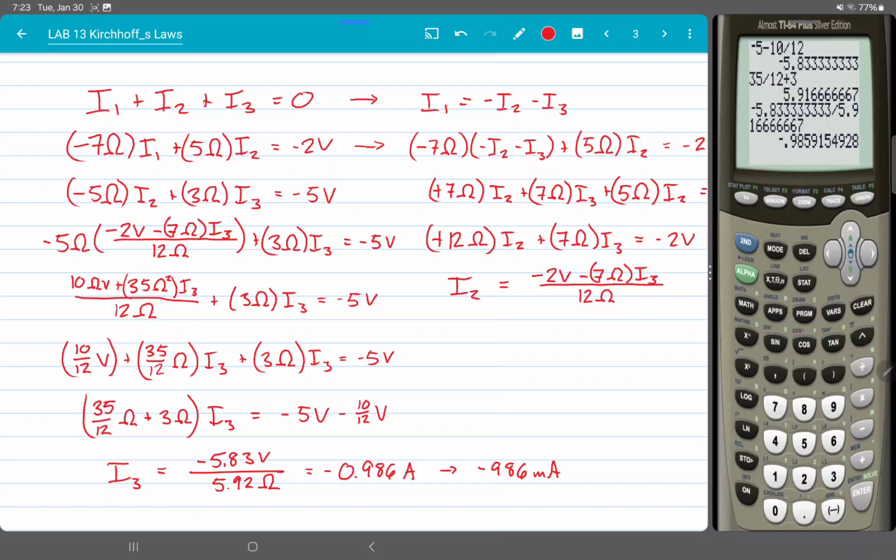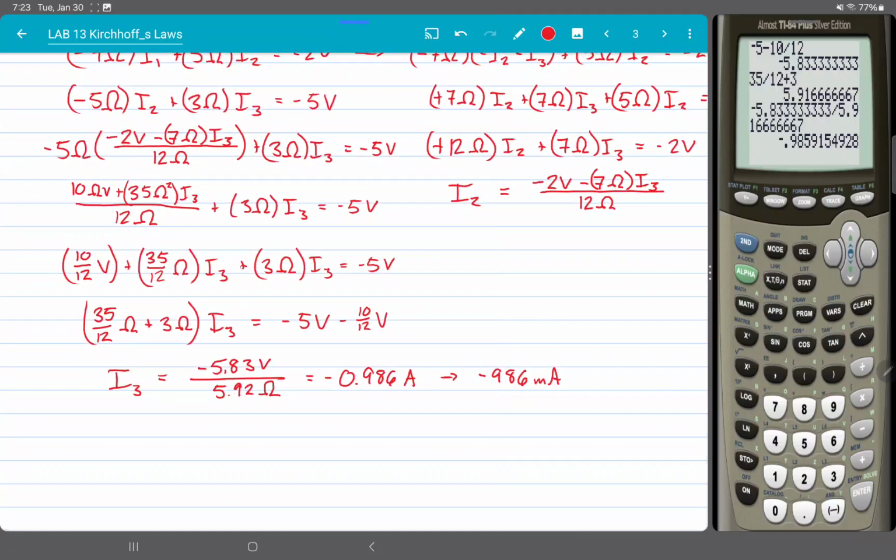I'm not going to lie about how much time it takes. This takes time to just crank through the algebra. But once you have the equation set up, it's just a bunch of algebra and simplifying down, substituting in, simplifying down, substituting in, until you get it down to a single variable, and then you just solve for it.